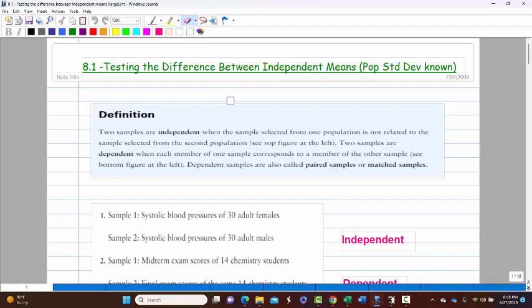Two samples are independent when the sample from one population is not related to the sample from the second population. And two samples are dependent when each member of one sample corresponds to a member of the other sample, also known as paired samples or matched samples.